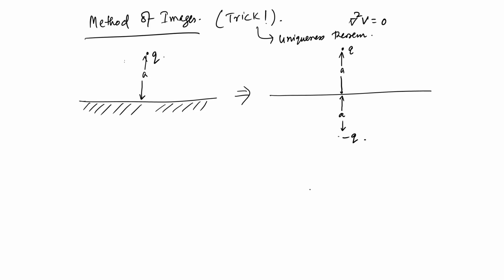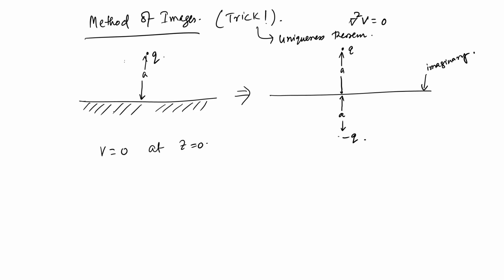So, it is a minus q. This is imaginary, there is no line. It is just a reference point, because this is where the conducting plane was situated. Okay. And what are the boundary conditions that we have? We have V equal to 0 at z equal to 0.